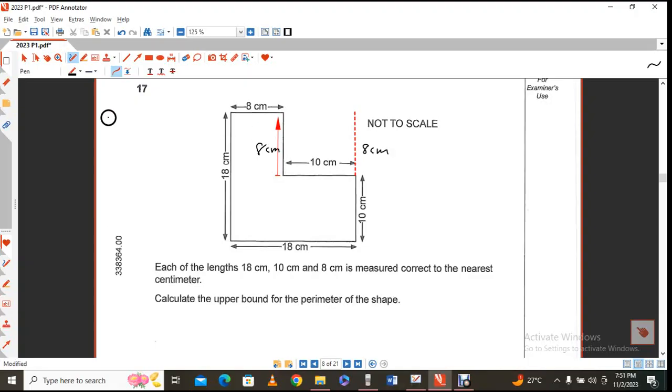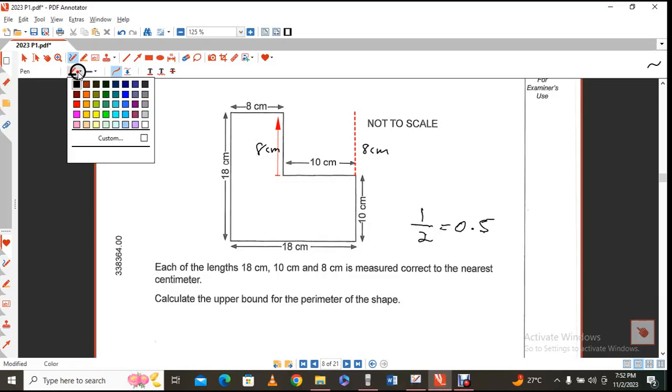Okay, now that being said, they are saying each of these lengths are measured correct to the nearest centimeter. Nearest centimeter, 1 centimeter divided by 2 is 0.5. They want you to calculate the upper bound for the perimeter. So that means you don't just add all these numbers, you have to find the upper bound and add all the upper bounds together.